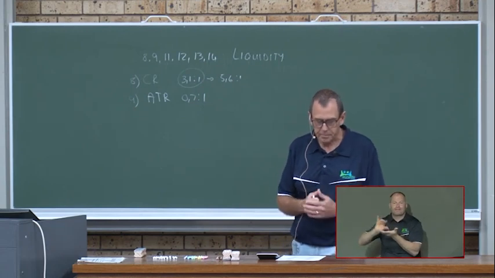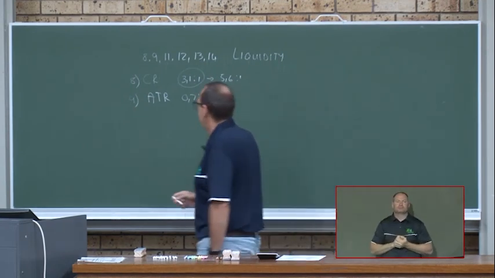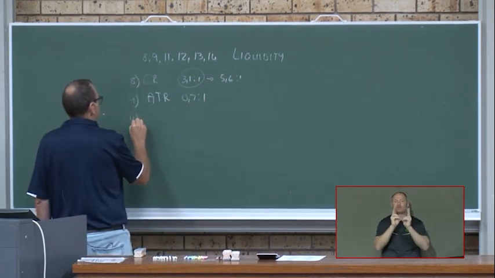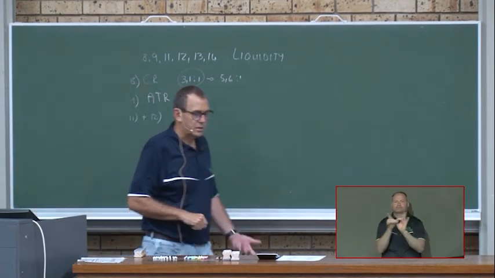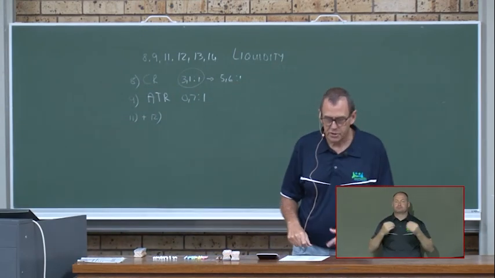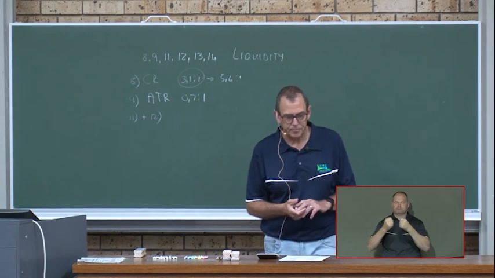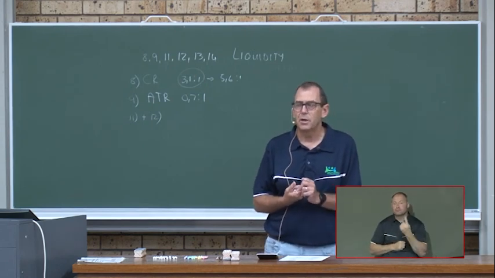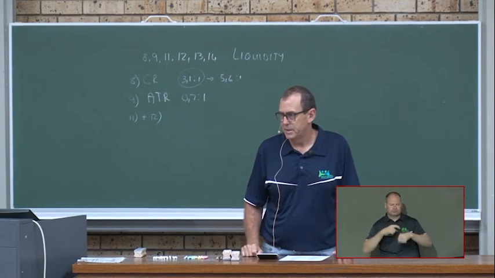All right. Then number 11 and 12 go together. The stock turnover rate and the average stock holding period. Now there's one thing that you must remember. Sometimes they will ask you, what is the stock holding period of the business?